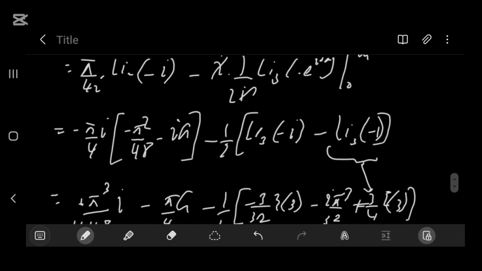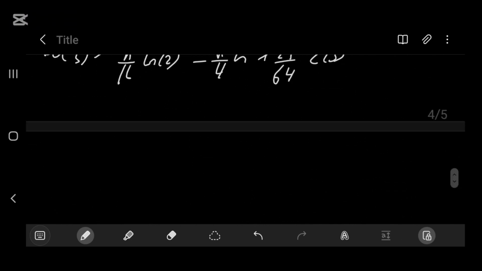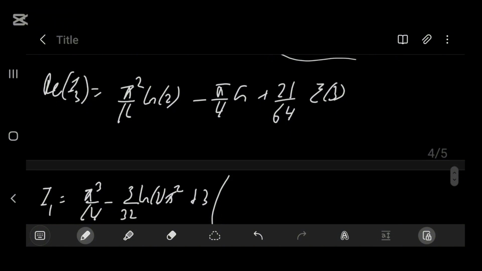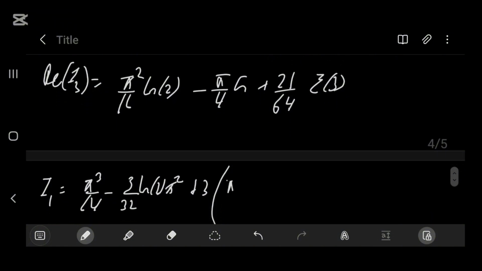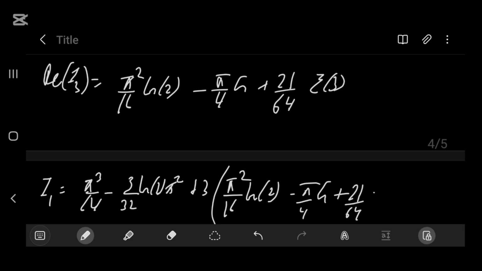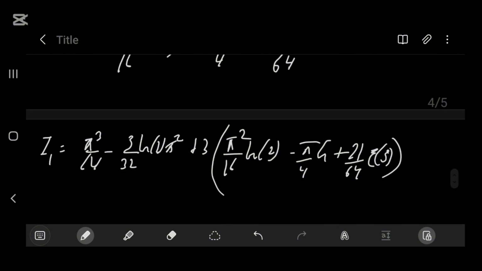So let's go. So our target integral I1 is actually pi cubed over 64 minus 3 over 32 ln 2 pi squared and 3 times the real part of I3, which is pi squared over 16 ln 2 minus pi over 4 times G plus 21 over 64 zeta of 3.